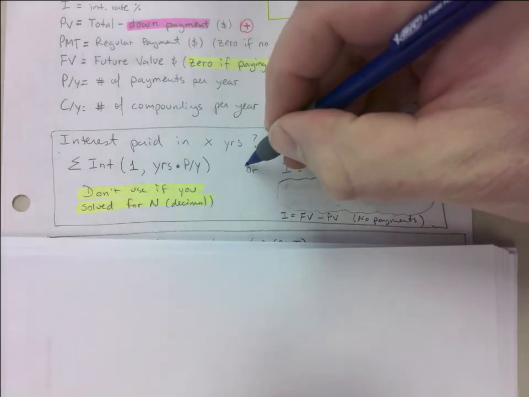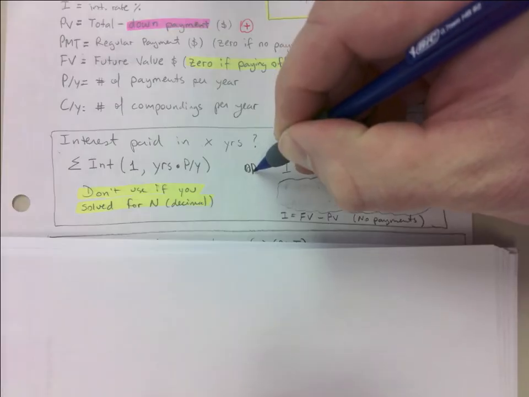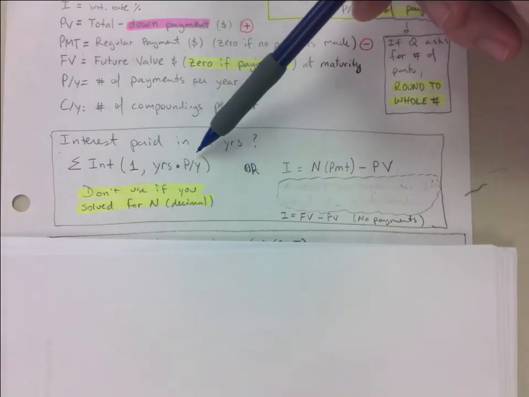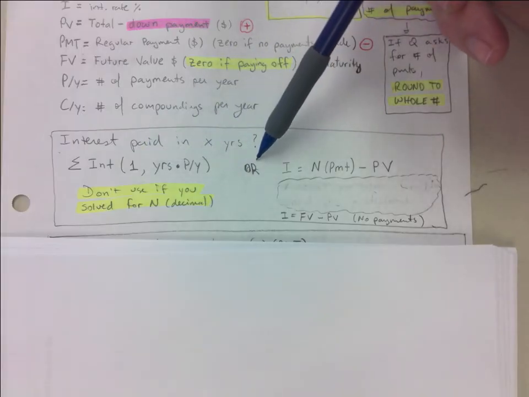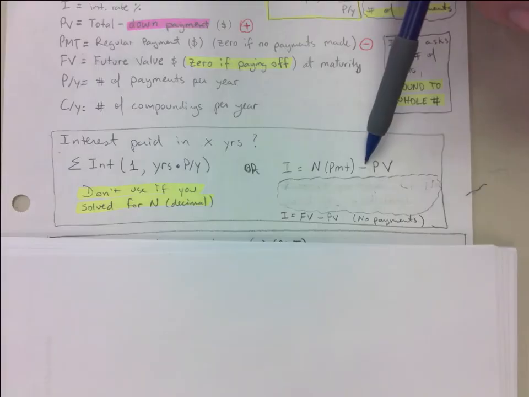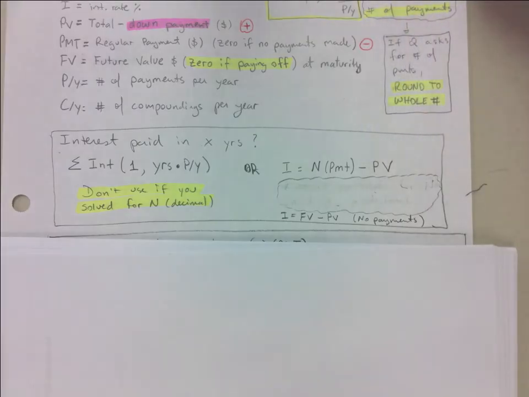Notice that it says or. So you either use the sum of interest or you go n times PMT minus the present value.